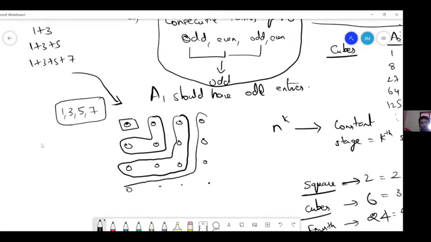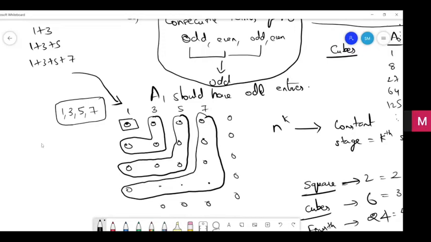So if you see, interestingly, the number of dots in the L's as it grows larger and larger is increasing by 2. The first has 1, the second L has 3, then 5, and then 7. Now to get the next square, 5 cross 5, we can add another L in the boundary.